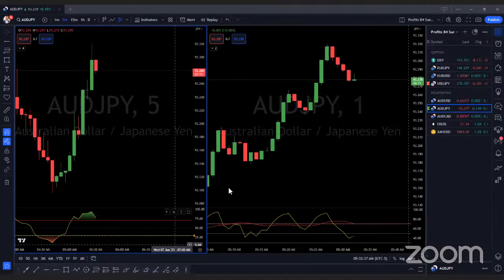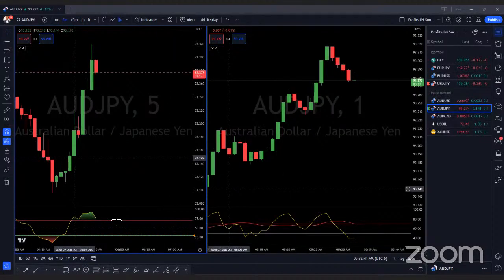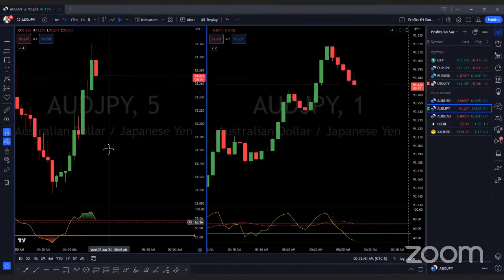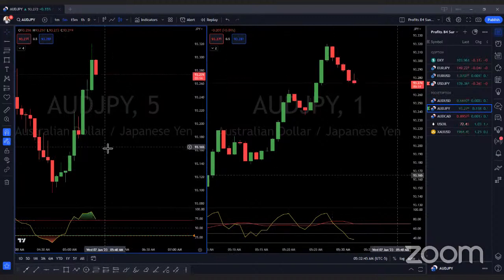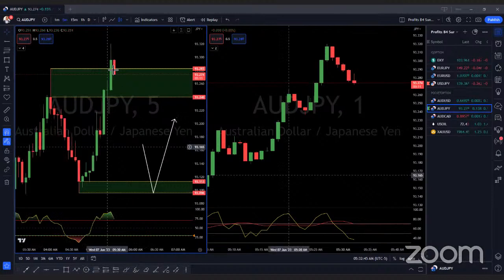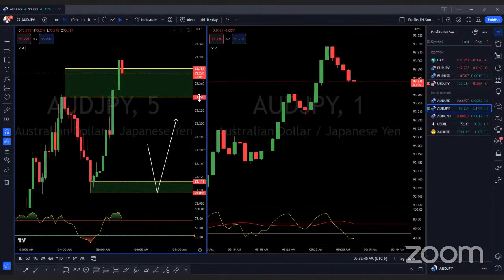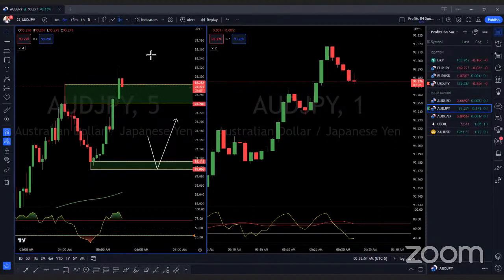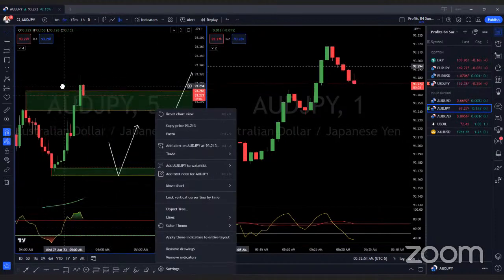All right. So AUD JPY is still pretty much heavily overbought. It just broke above the zone. Let's see if she's going to be coming back down now to retest.